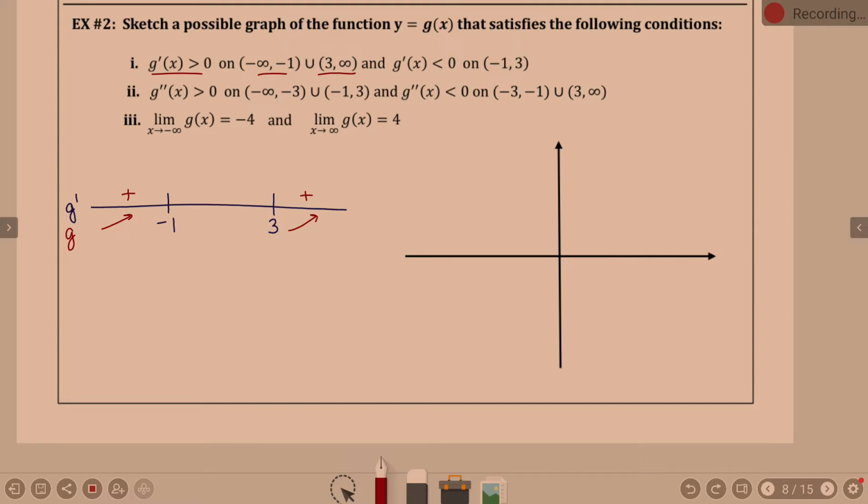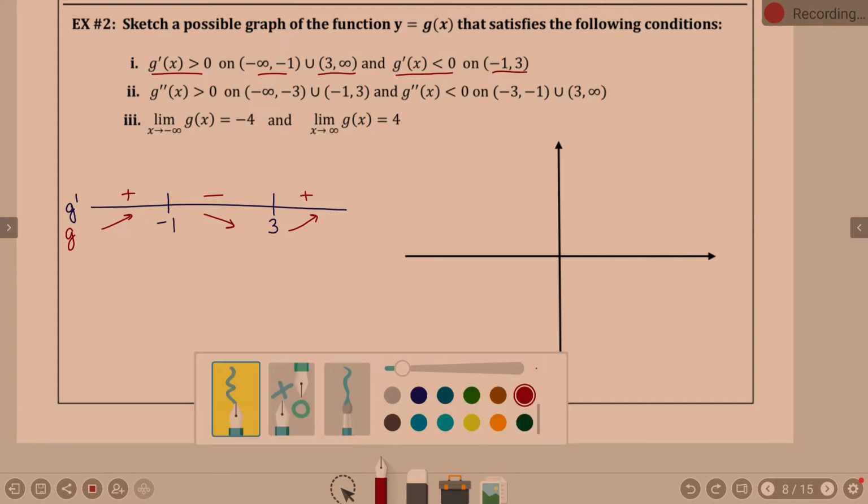It's going to be increasing, yes? And then we also know that the first derivative is less than 0 from -1 to 3. So that means it's negative, it's decreasing. That's the information I know based on first derivative.